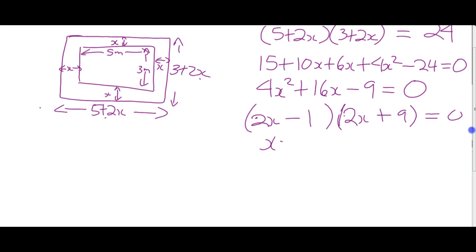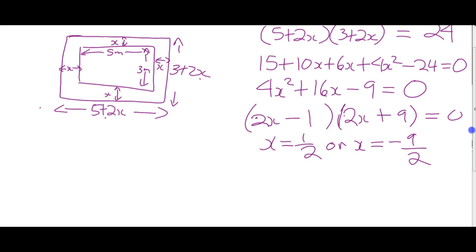Okay, so x is equal to 1/2, or x is equal to negative 9/2. It can't be negative 9/2 because it's a width. So in the context of the question, people still looking like, where'd you get x equals a half?